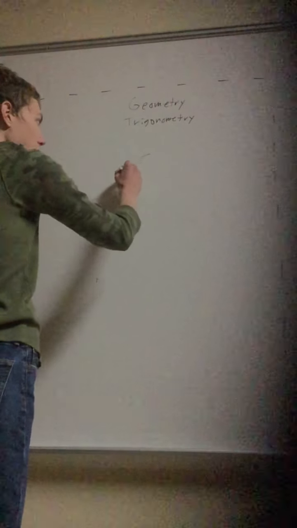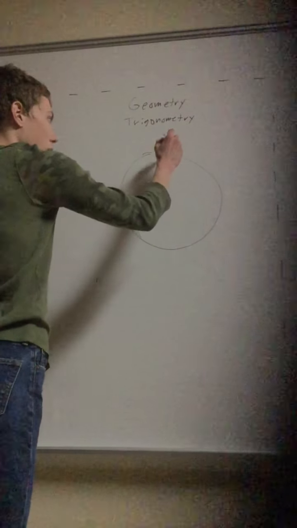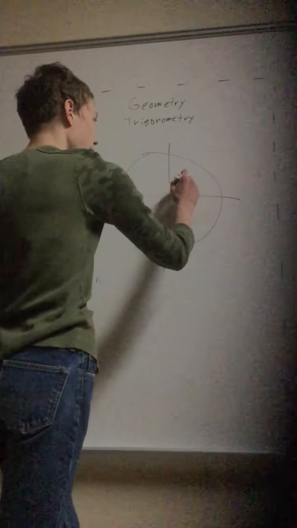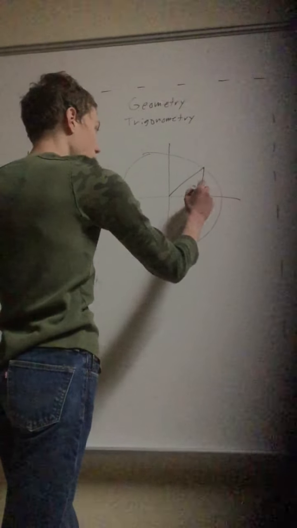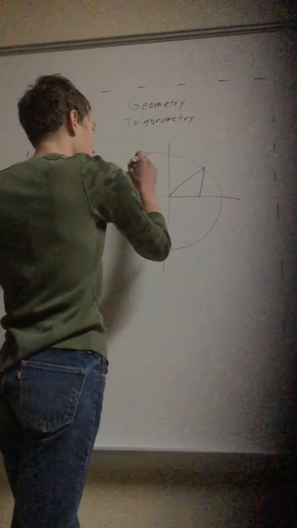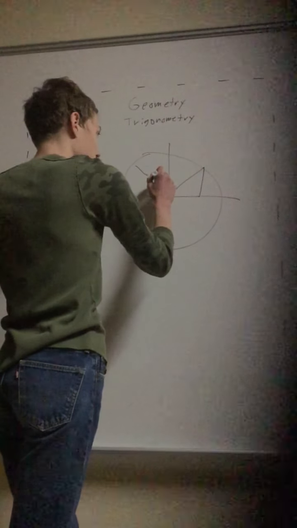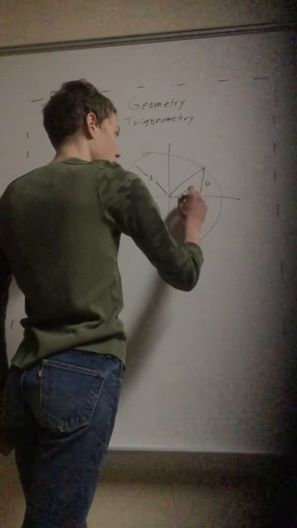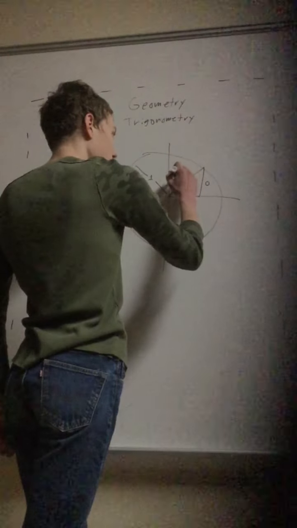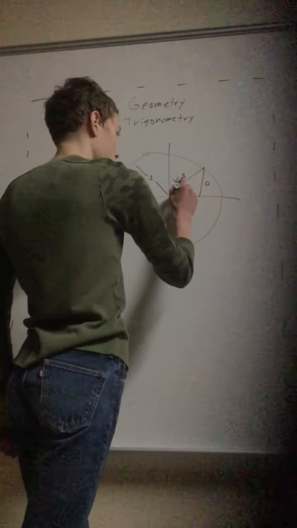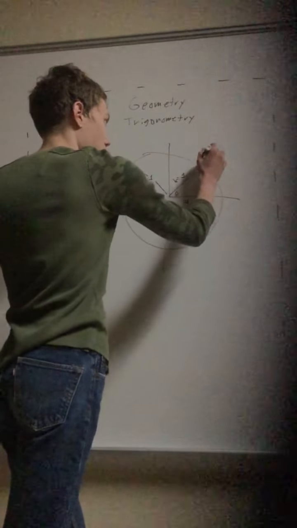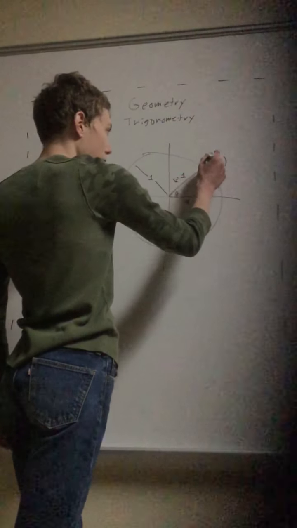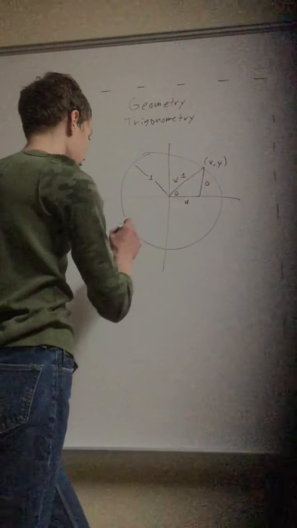The idea is to take a circle called the unit circle and put a triangle in it. This circle has the radius 1, so the hypotenuse is equal to 1. Here, we mark the point where the line from the origin crosses the circle.